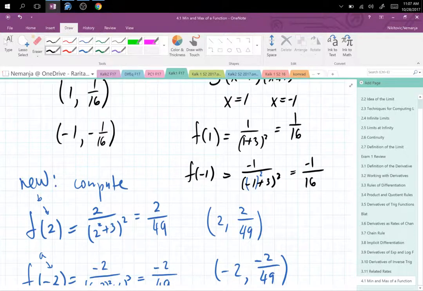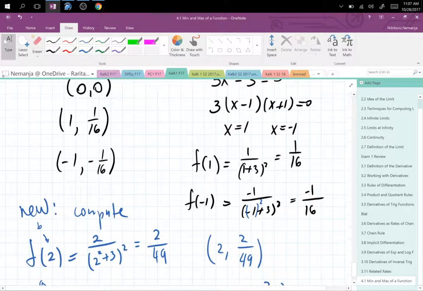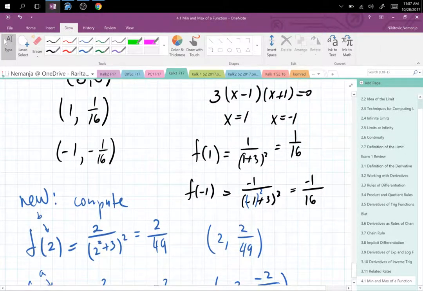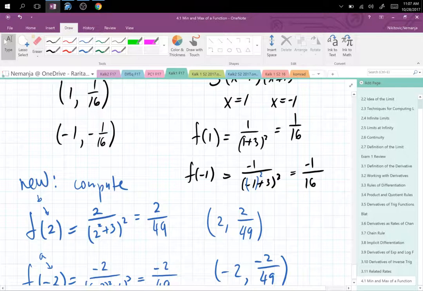Well, one of those has the highest y value, and it should be common sense that that is the absolute max. And one of them has the lowest y value, which will be an absolute min. So we are looking for the largest positive number. Well, 0, 0 is in the middle of everything, so no one cares about that. We are looking at all the y values. We want to pick the highest number, and that's the absolute max point, and the lowest number on the y-axis is where the absolute minimum is.